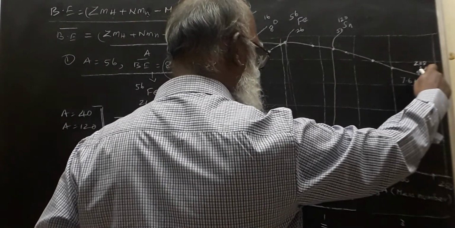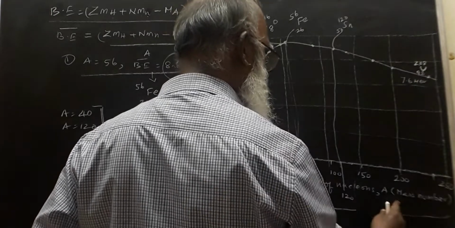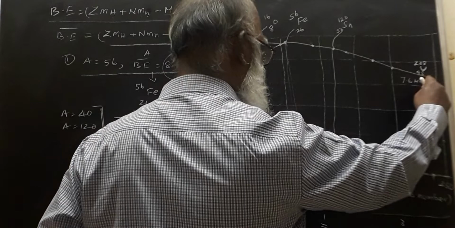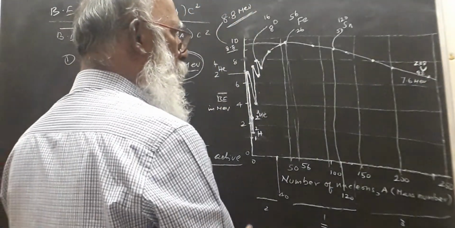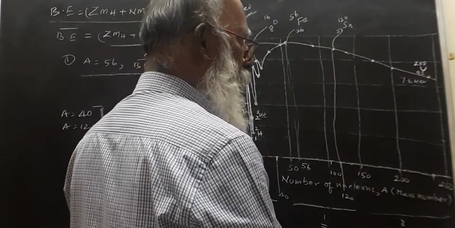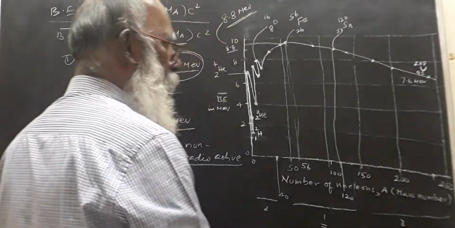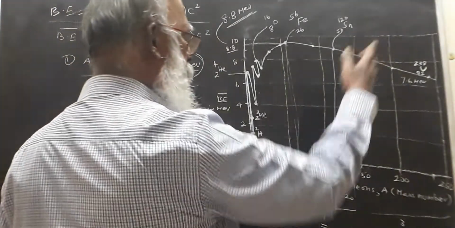This dot of uranium, uranium 238, indicates that the mass number is heavy but it is not a stable one. Easily it can be broken. Whether the fission process may happen easily for uranium?